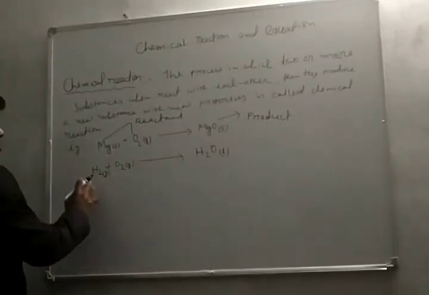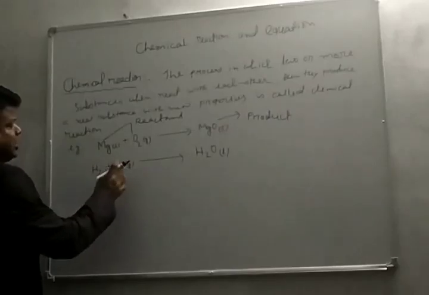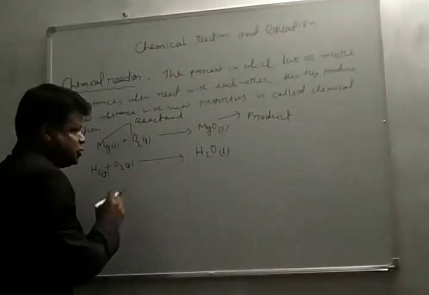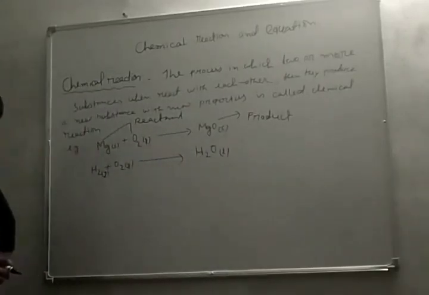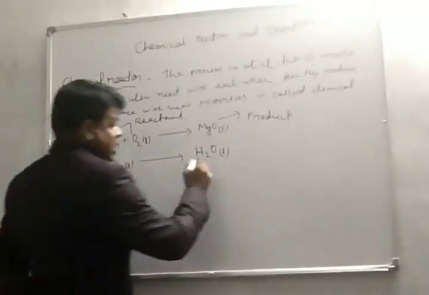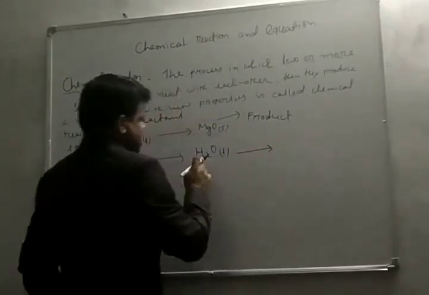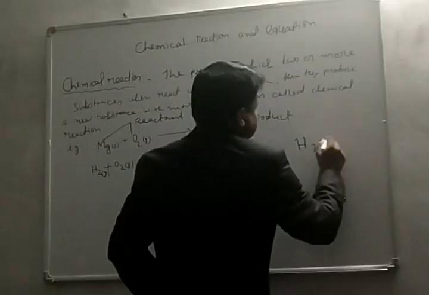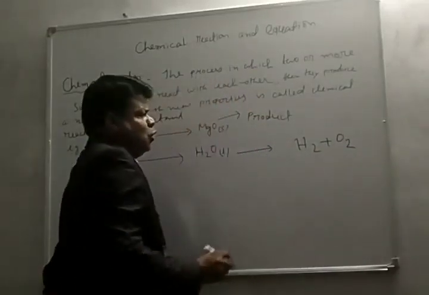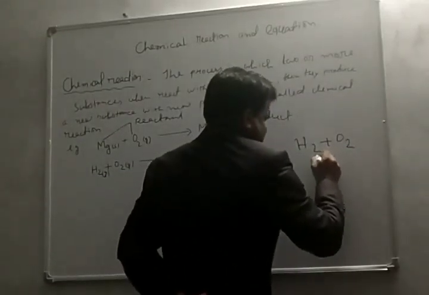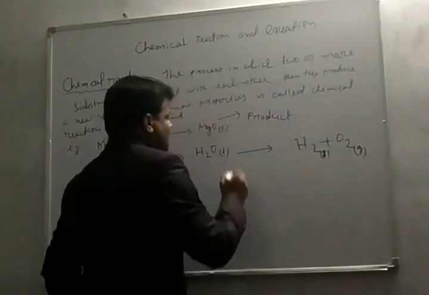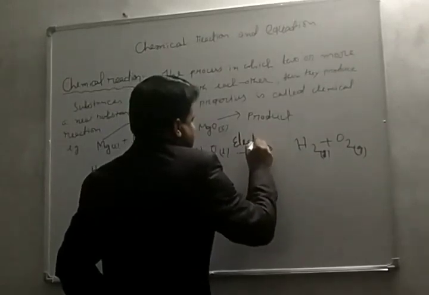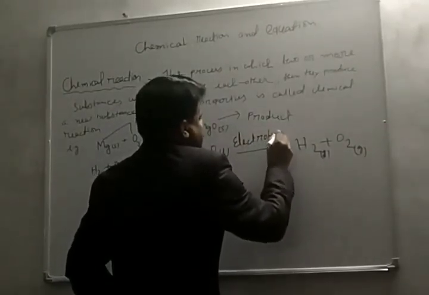Say, when you allow hydrogen and oxygen gas to react with each other at a definite ratio, they will produce H2O. But again, we can break it down. This H2O can be broken down again to H2 and O2, to its original gaseous state. How is it possible? By doing the electrolysis process.